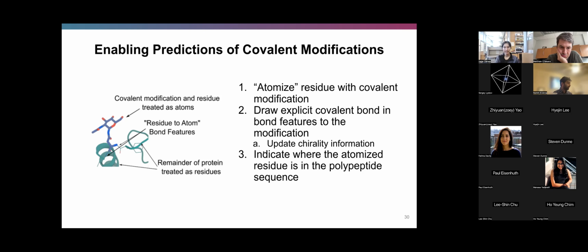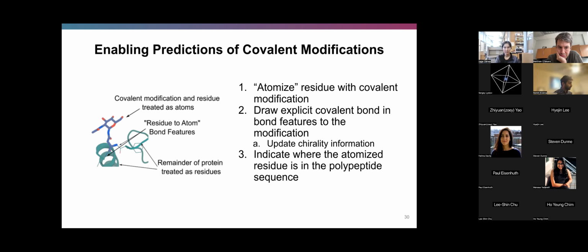And so then the problem arises that you still have the same problem, right? Because you need to know where that residue is in the polypeptide sequence. So we basically did two things to do this.